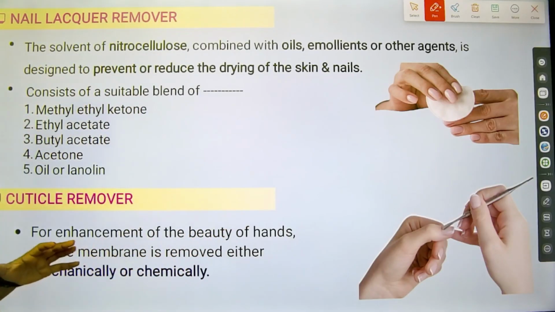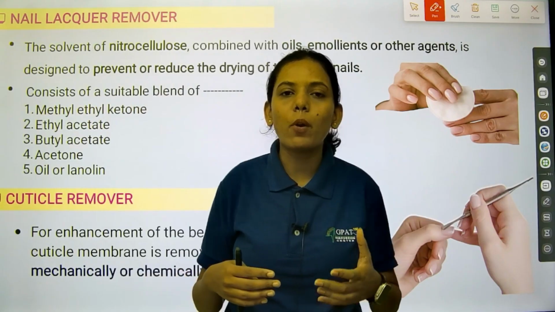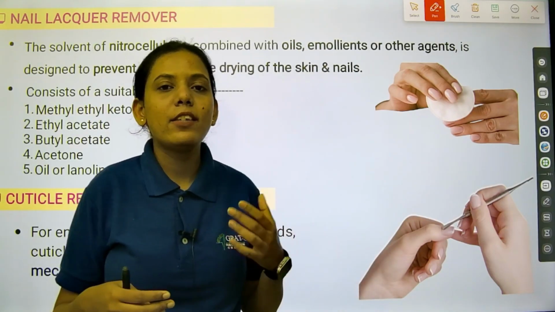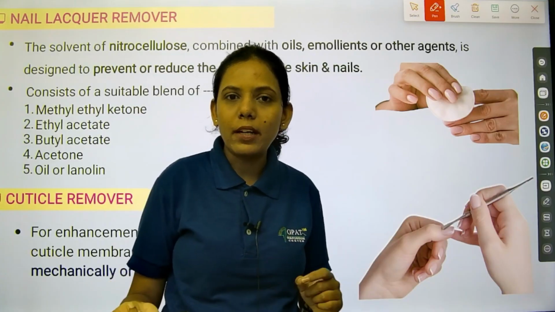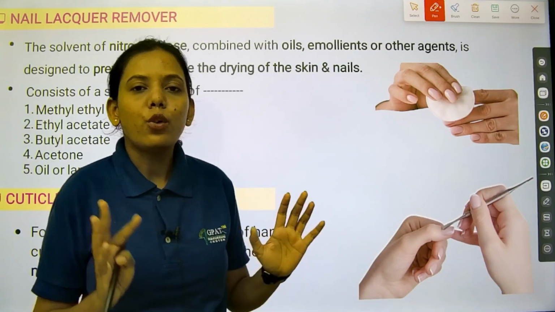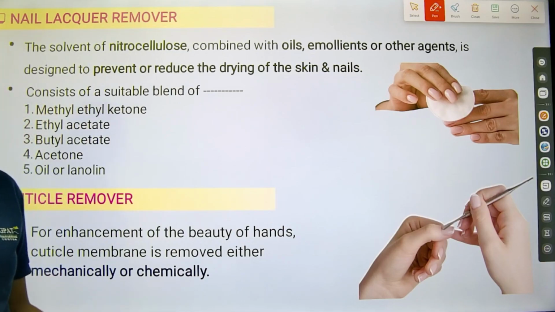Okay, and also you have to make sure whenever we are using organic solvent, they have the tendency of drying out. So if you apply, nails may become dry, it may become brittle. So to avoid that, we have to make sure that it is combined with a certain kind of emollient, because it will prevent the drying of the nails.